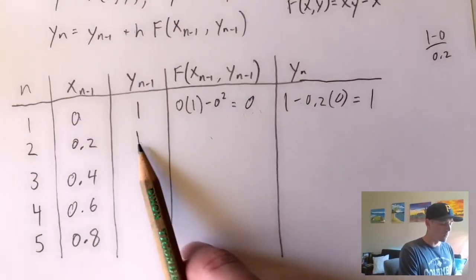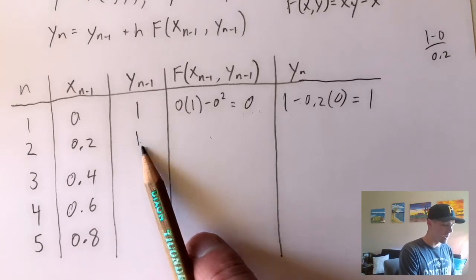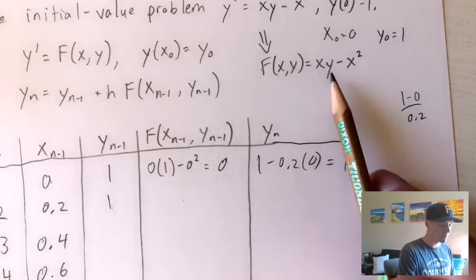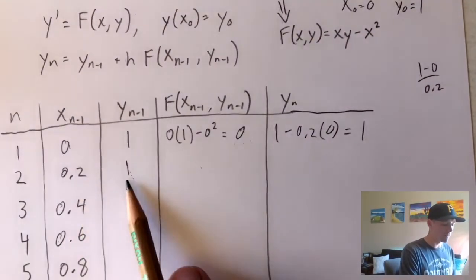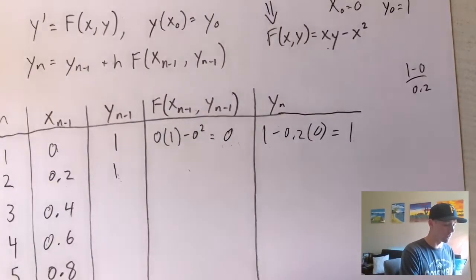Now, again, we can take this x sub n minus 1 and this y sub n minus 1 and plug them into our f of x, y, which comes from whatever our y prime is. Plug these x and y values in here to figure out what our next number in this column will be.